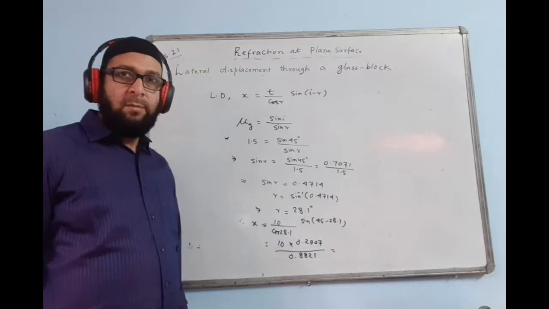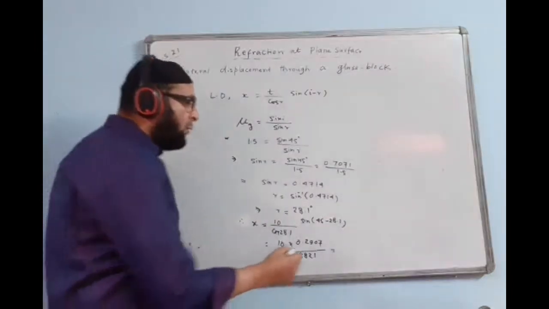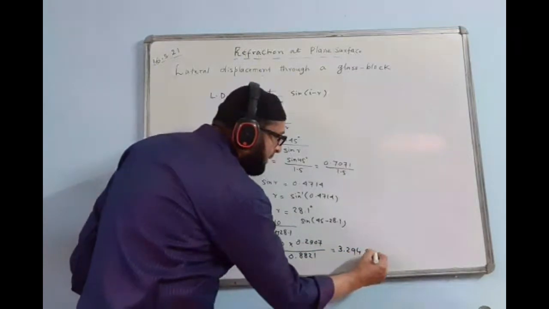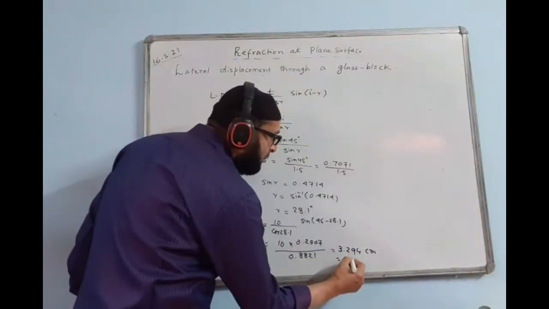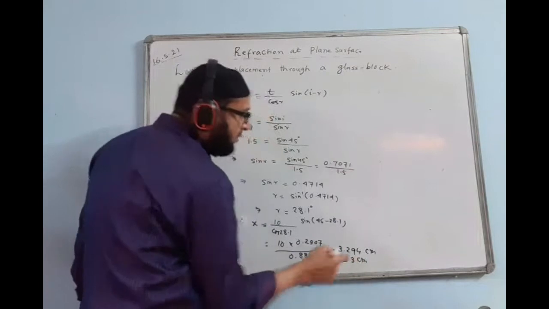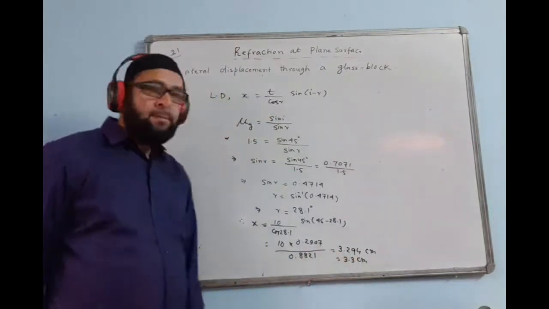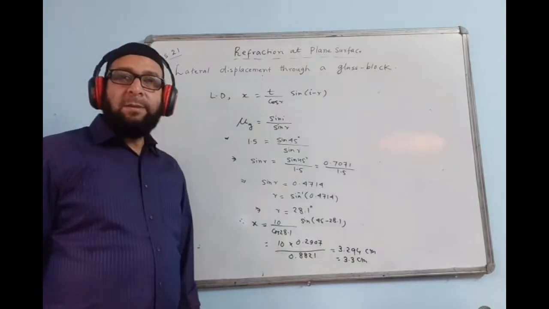It is 3.294 centimeter. You can round off and write 3.3 centimeter. Write this also, after rounding off 3.3 centimeter. So this is the value of lateral displacement.